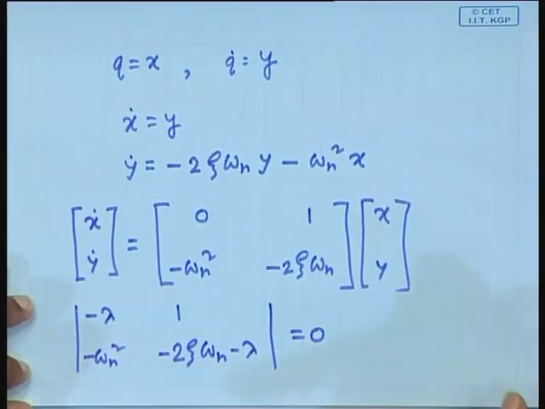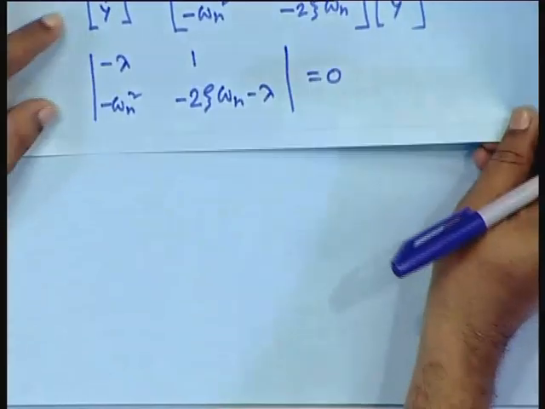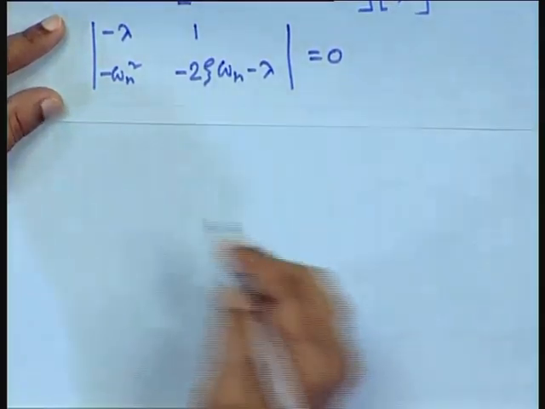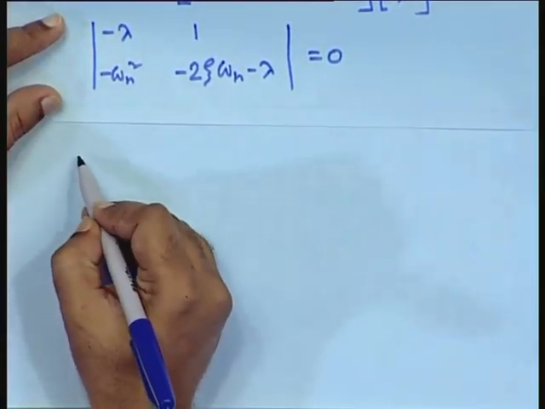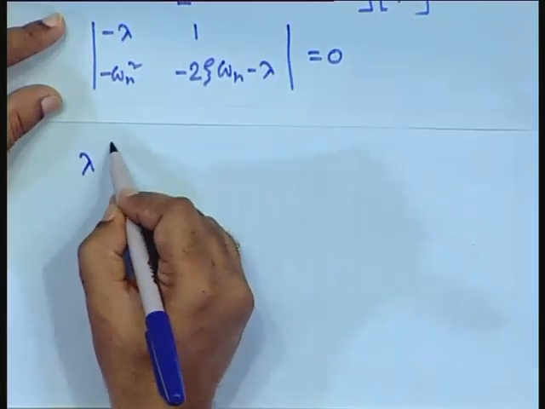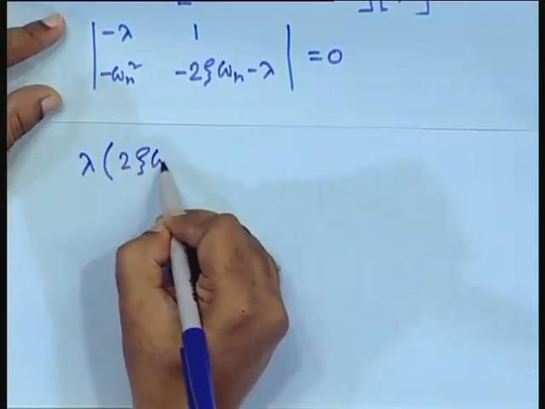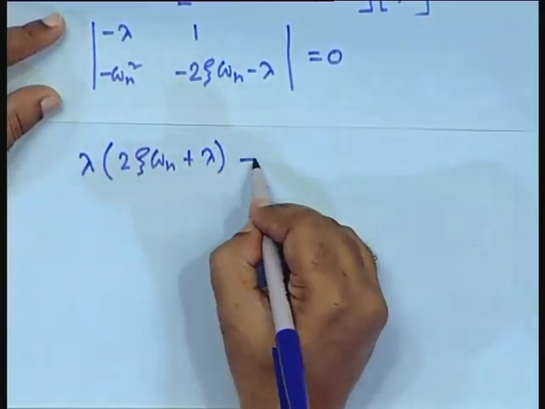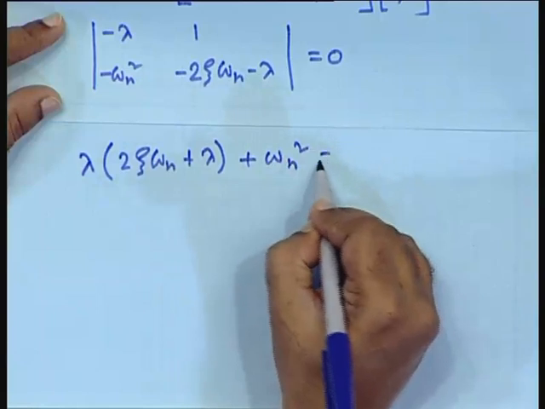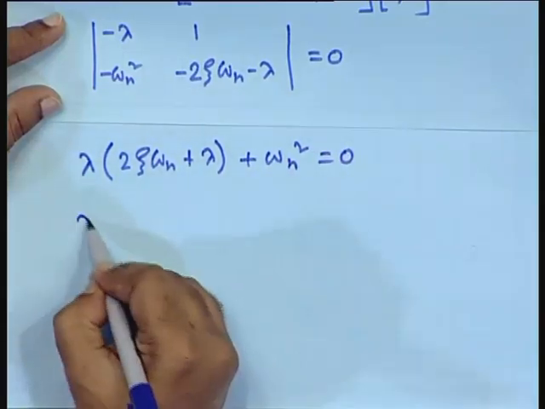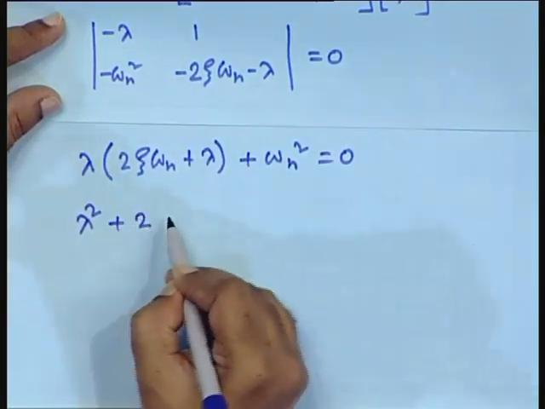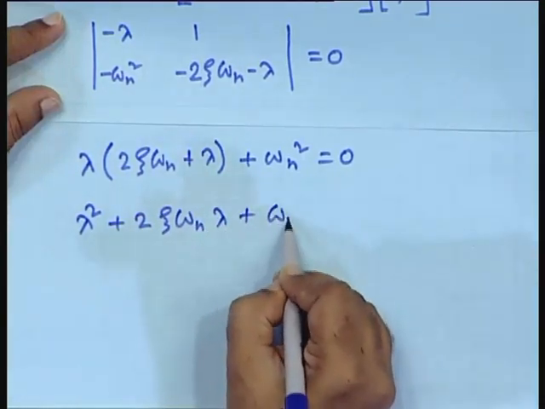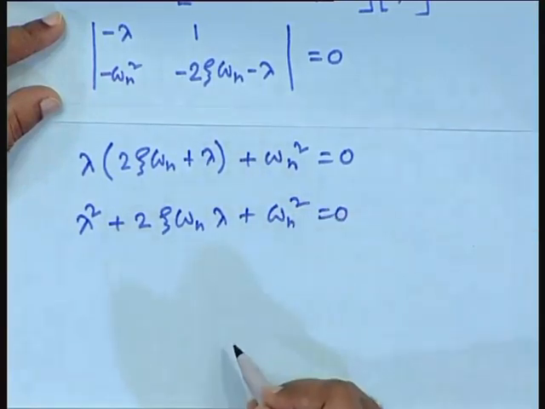Fine. This yields, if I keep it displayed here, lambda times twice zeta omega n plus lambda plus omega n square is equal to 0. Lambda square plus twice zeta omega n lambda plus omega n square is equal to 0.